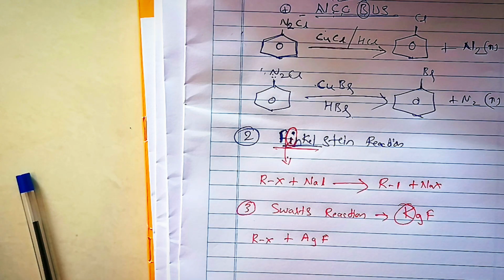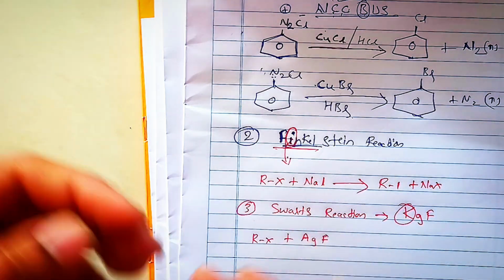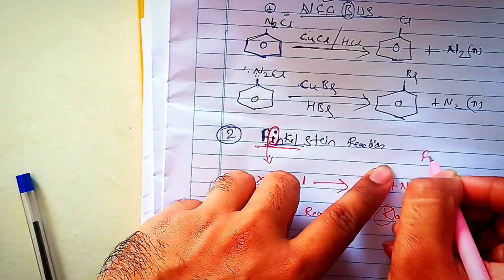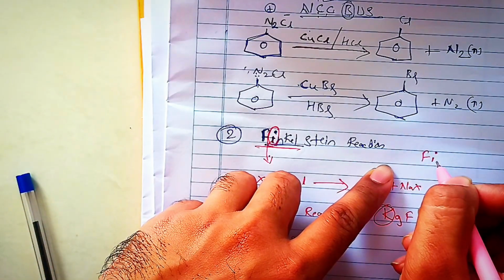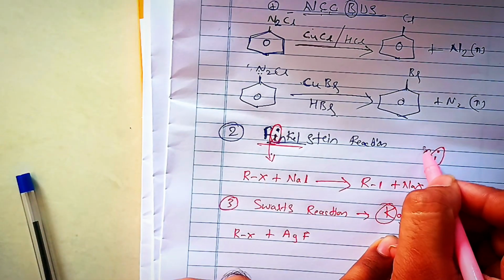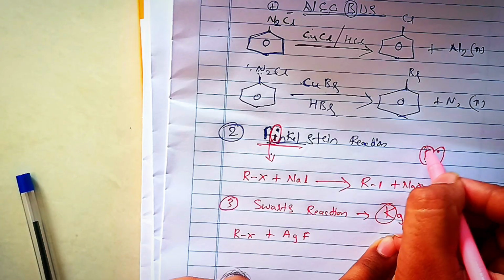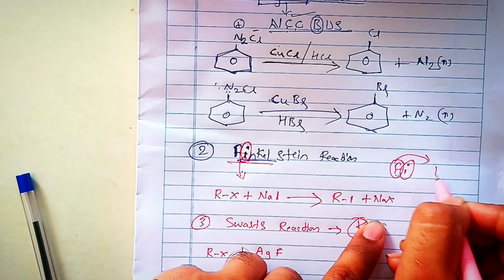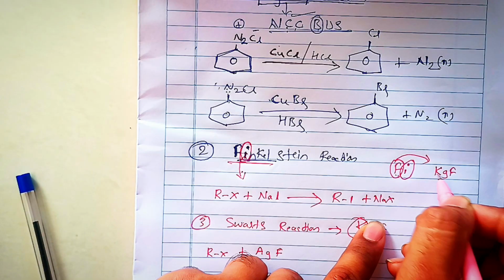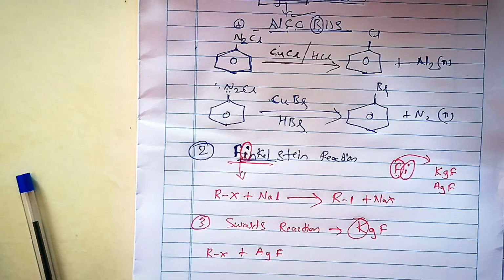If you get a Swarts reaction or a Finkelstein reaction, you have to remember: Finkelstein, what will that be? Fi. So I will be used in the Finkelstein reaction, F will be used in the Swarts reaction, and this F can also remind me of KGF, right? In KGF, I will use AgF.